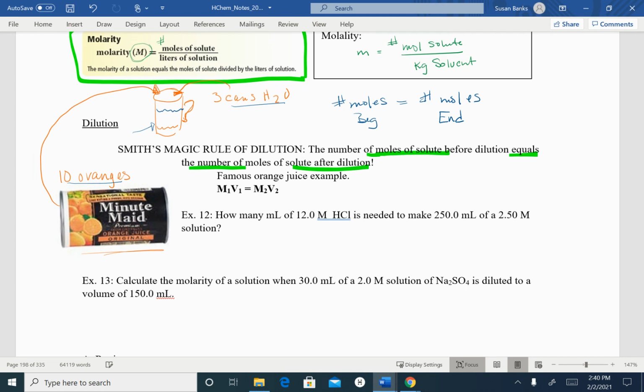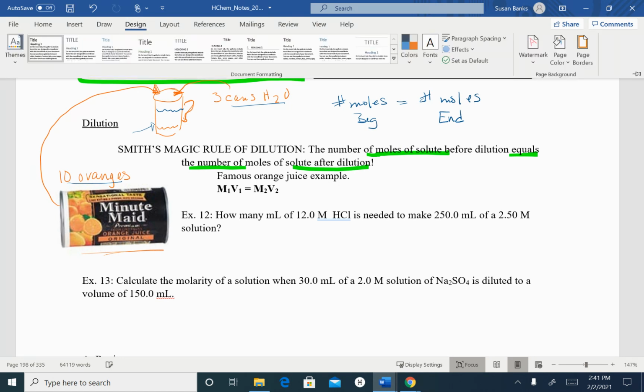So here is our dilution equation. M1 is moles at the beginning, or moles at the initial, multiplied by the volume 1, the volume at the beginning, is going to be equal to M2, number of moles at the end, let me rephrase that. Sorry, not number of moles. Capital M is molarity, not number of moles.